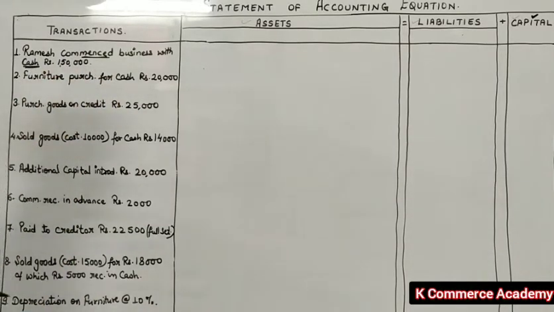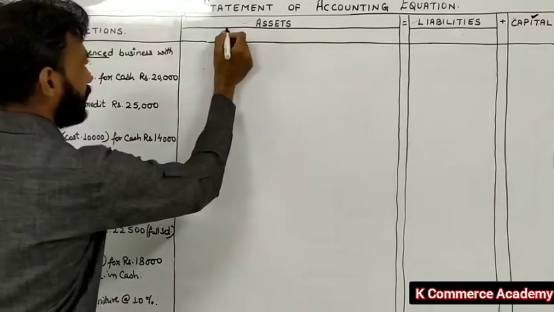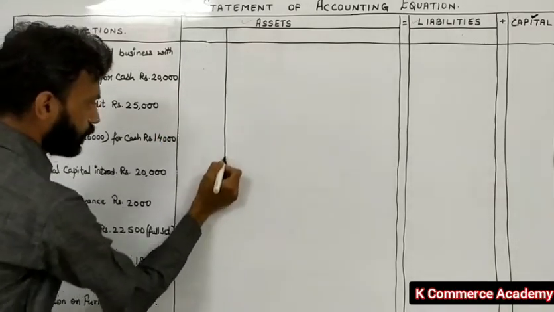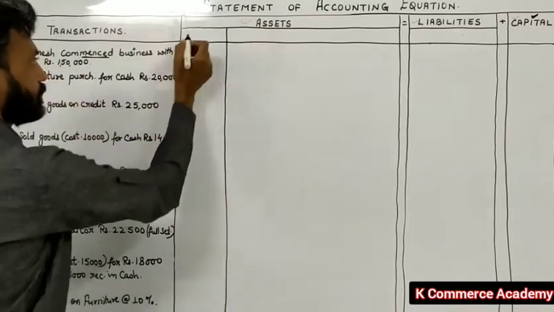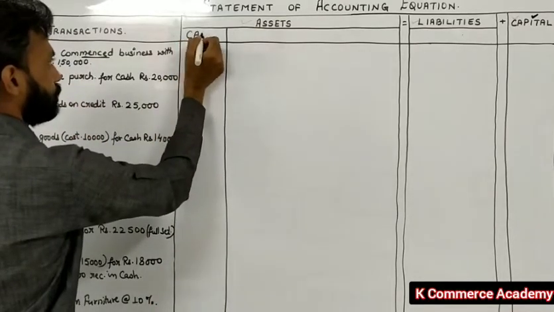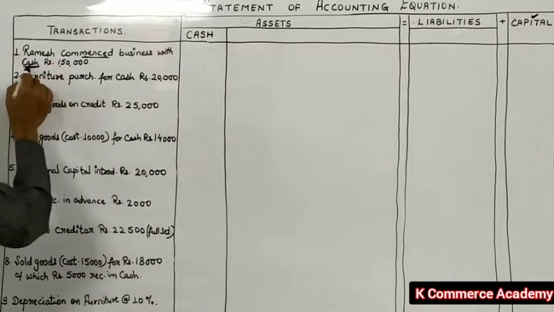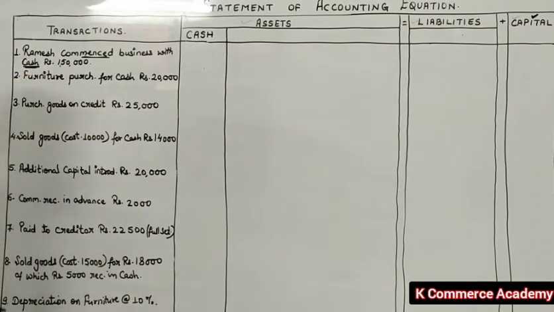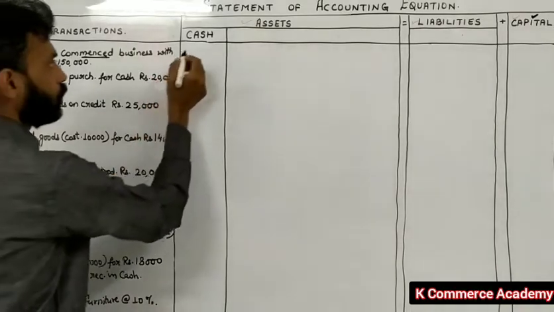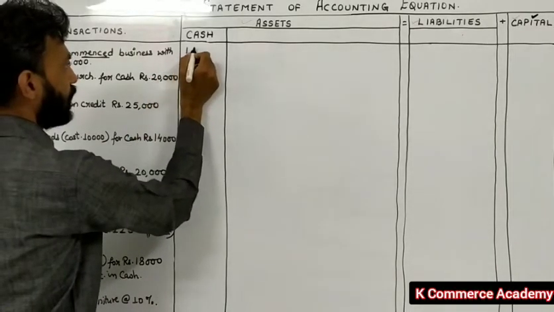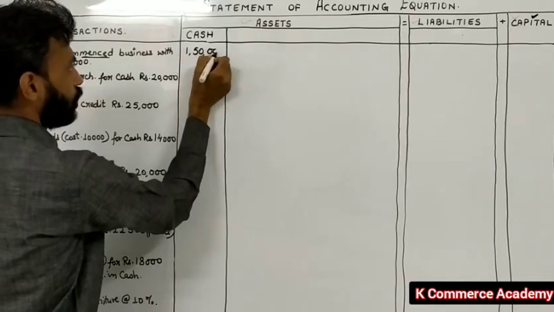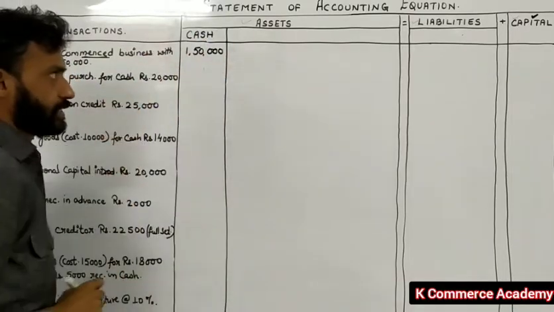cash rupees 1,50,000? First of all, we will create a separate column in the assets for cash, because we can see in this transaction cash has inflowed in business, cash has come in business. So what we are going to do, we will add rupees 1,50,000 in the column of cash in the form of assets.